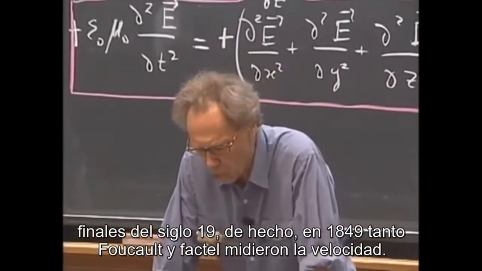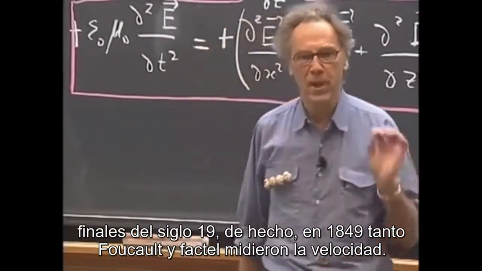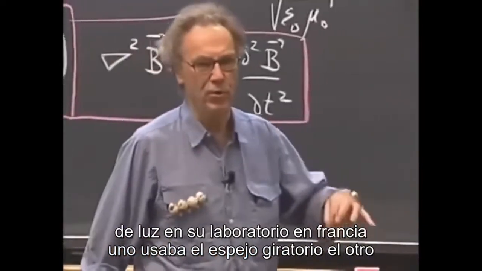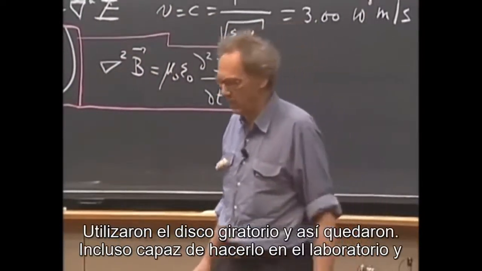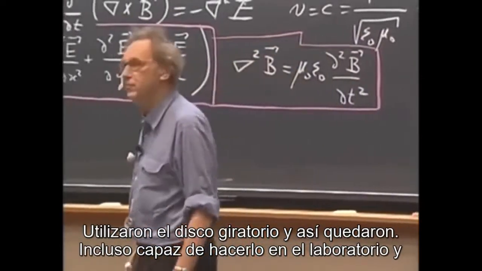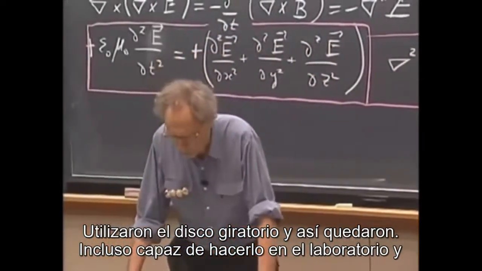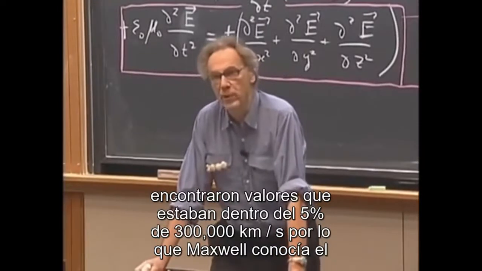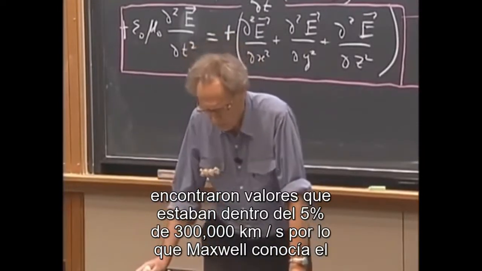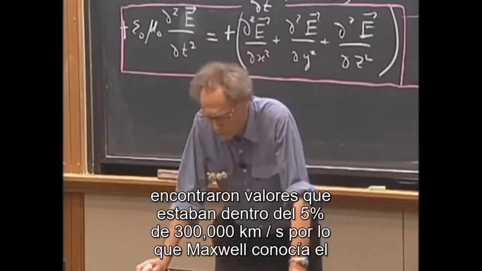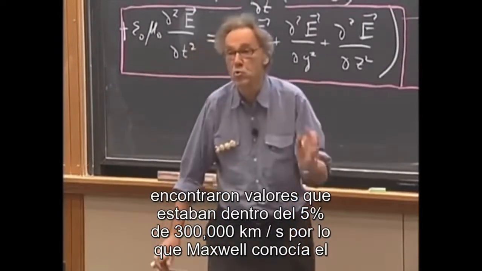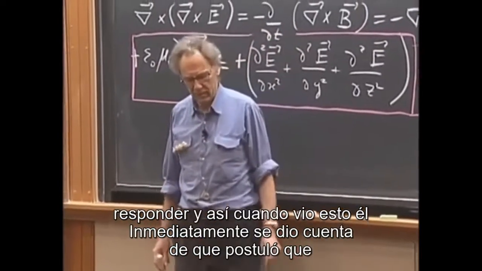And then in the late 19th century, in fact in 1849, both Foucault and Fizeau measured the speed of light in their laboratory in France. One used a rotating mirror, the other used a rotating disc, and so they were even able to do it in the laboratory, and they found values which were within 5% of 300,000 kilometers per second.